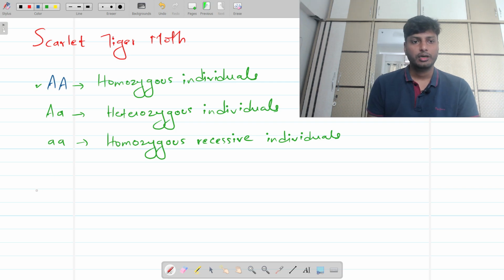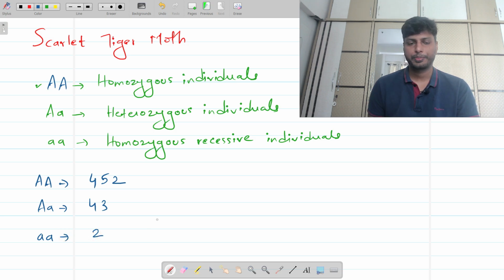Now let's say the total number of homozygous individuals of this scarlet tiger moth is around 452. Then the heterozygous individuals are around 43, and the homozygous recessive individuals are 2 respectively.